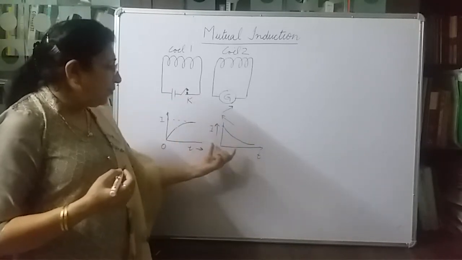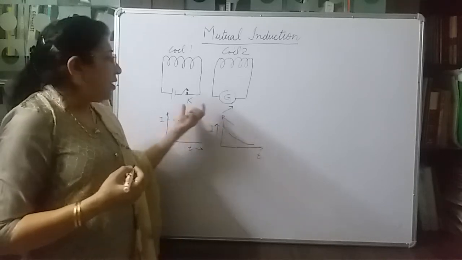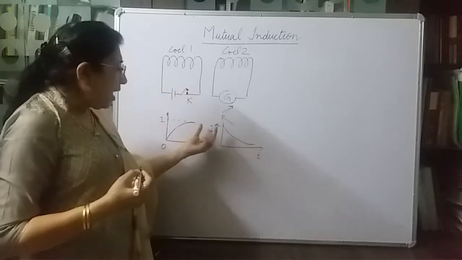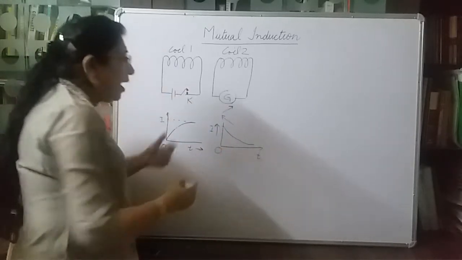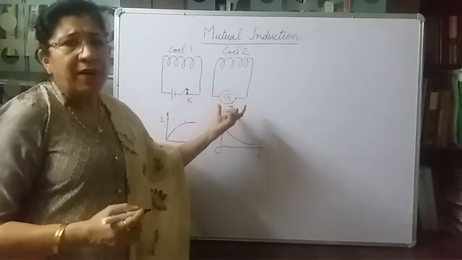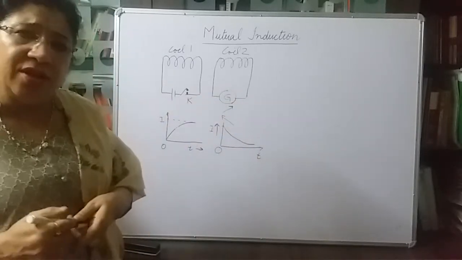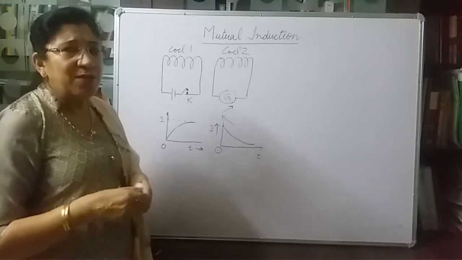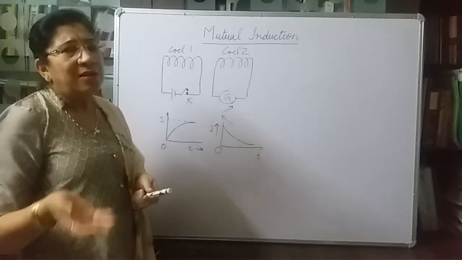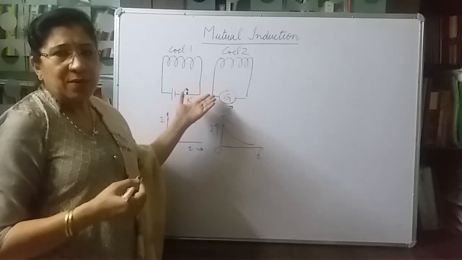At that time, again there is a change in the current from I to 0. And the magnetic flux linked with coil 2 again changes, and due to that change, by Faraday's law, the induced EMF is produced.